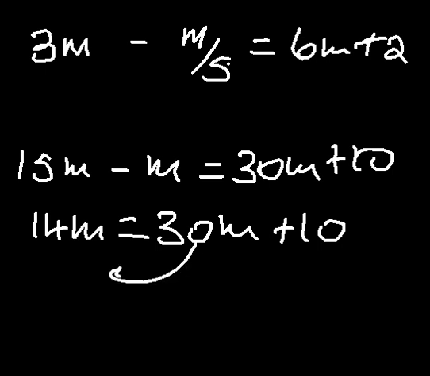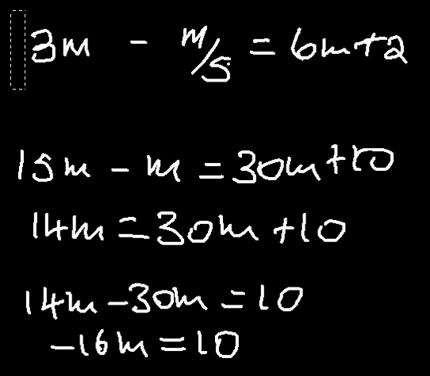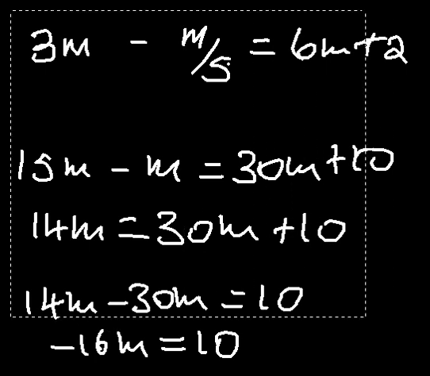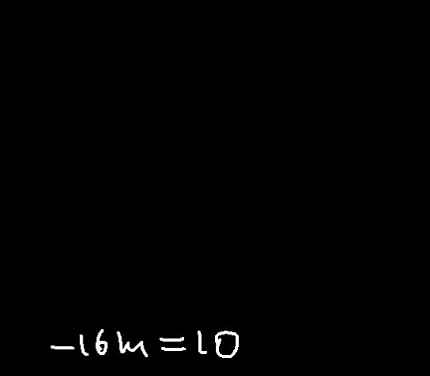Then the 30m will go to the other side, so we'll have 14m minus 30m, which is equal to 10. Then I'll have negative 16m, which is equal to 10. Then we'll divide both sides by negative 16.